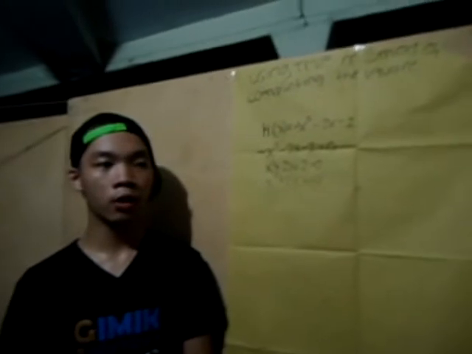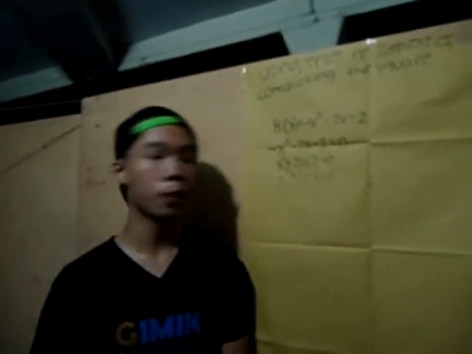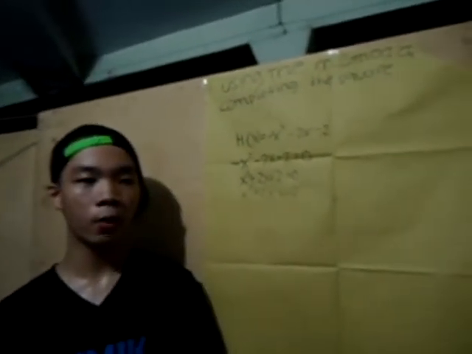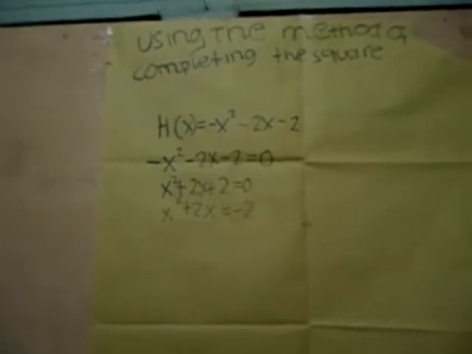In using the method of completing the square, for example, h of x is equal to negative x squared minus 2x minus 2. h of x is equated to 0. Negative x squared minus 2x minus 2 is equal to 0.